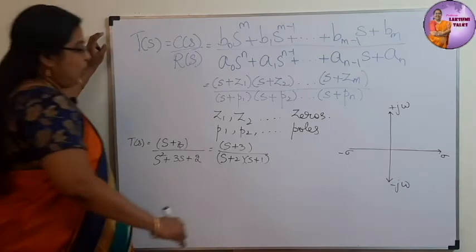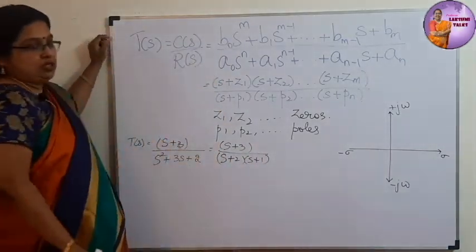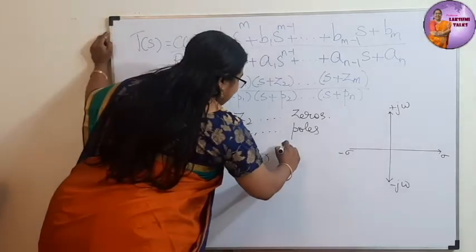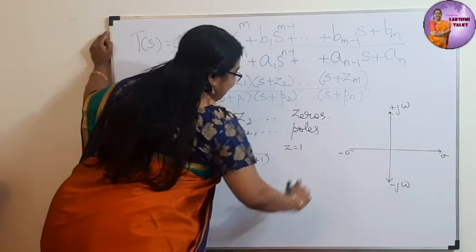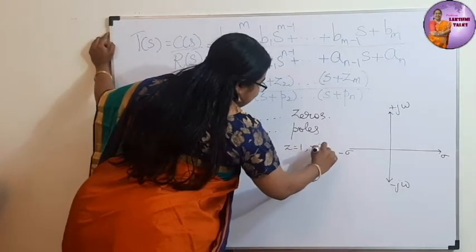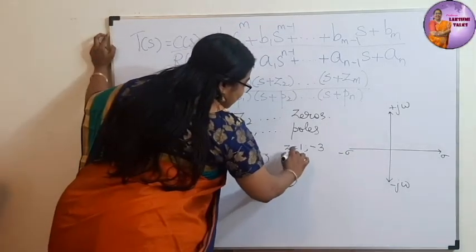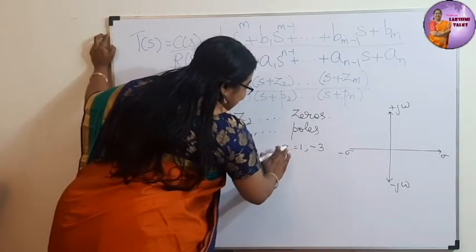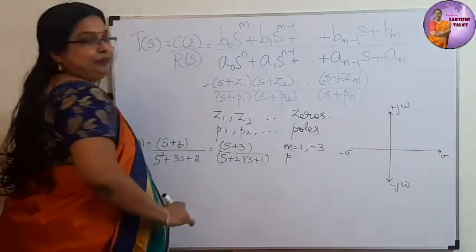So, there is 1 zero and 2 poles, right? So, what are the zeros? There is 1 zero and its value is minus 3. And how many poles are there? There are 2 poles. So when I say there is 1 zero, it means m is equal to 1.